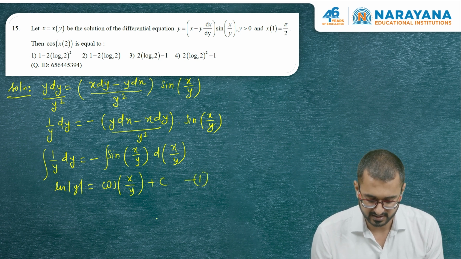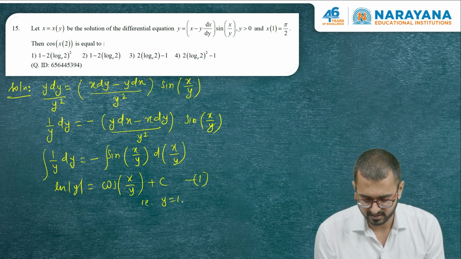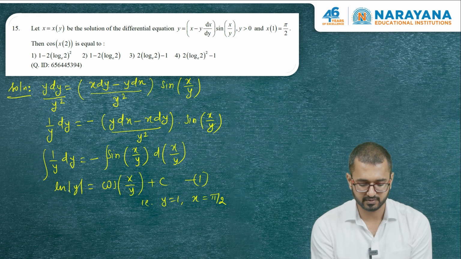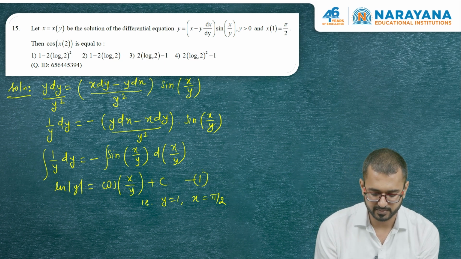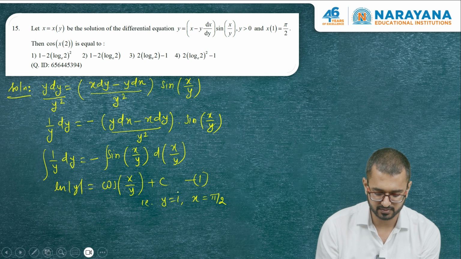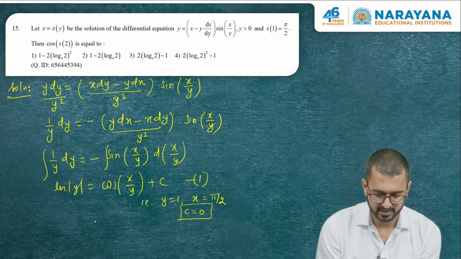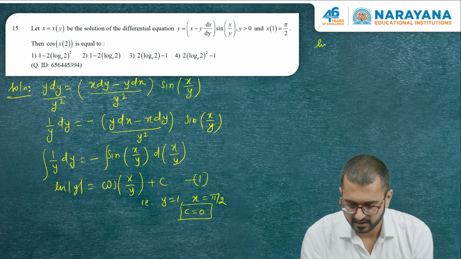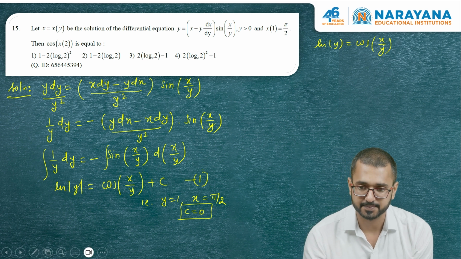Now x of 1 is given to be pi by 2. That is, when y is 1, x is pi by 2. So when y is 1, ln y is 0, and cos of x by y, which is cos of pi by 2, is also 0, meaning c itself is 0 completely. So from here we get c is 0. So now we have simply ln of y is equal to cos of x by y.